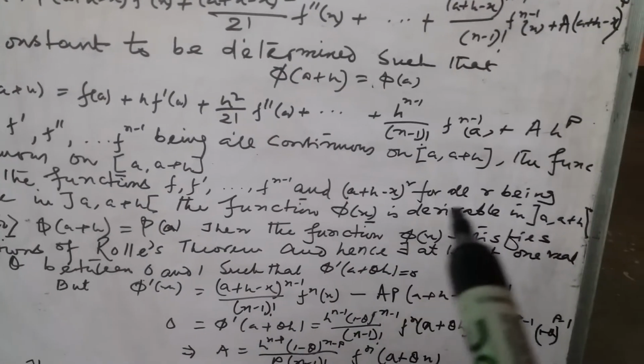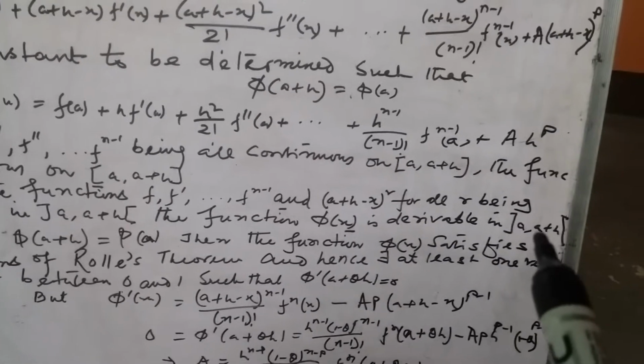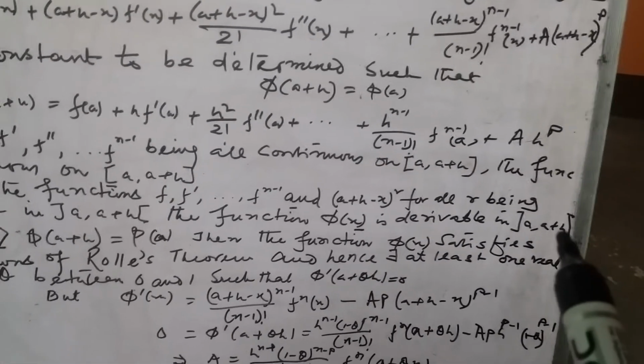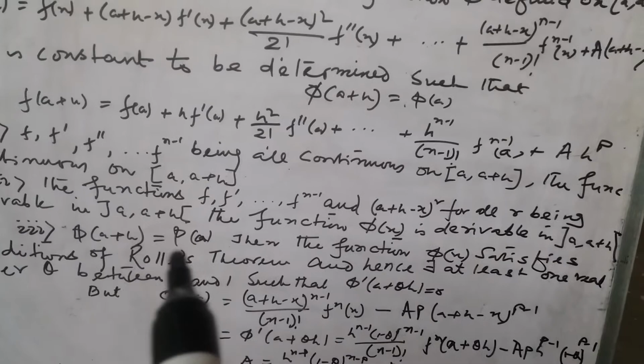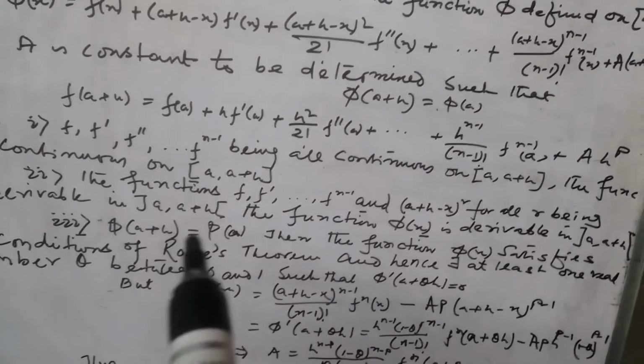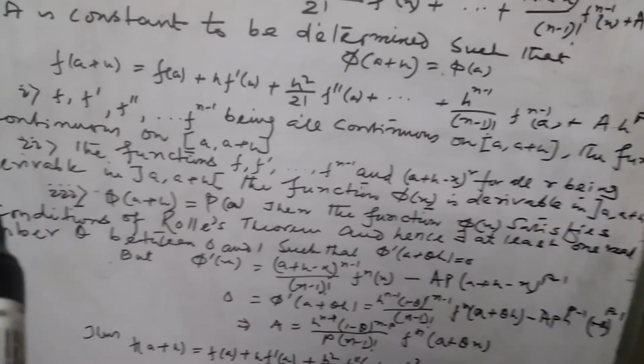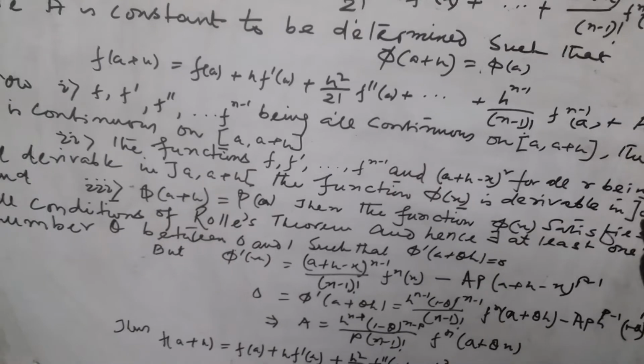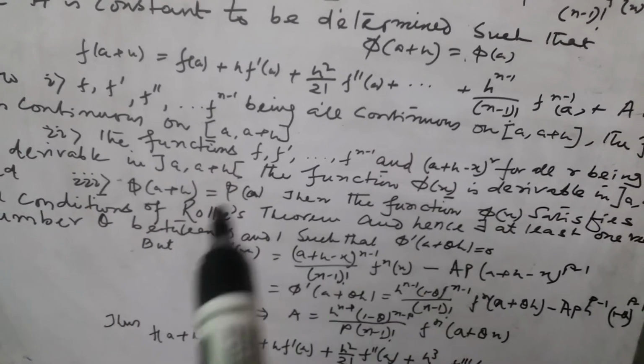And phi(a+h) equals phi(a), because we chose lambda such that phi(a+h) equals phi(a), so it satisfies all the conditions of Rolle's theorem.